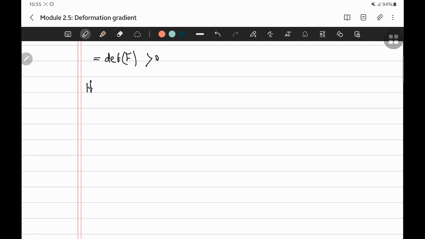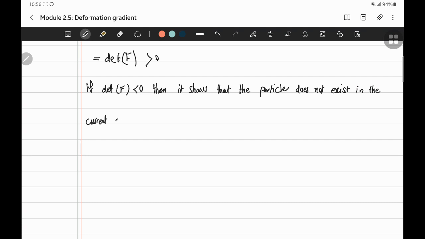As I already said, if the determinant of F is less than 0, then it shows that the particle does not exist in the current configuration. This is the same that I already mentioned about the Jacobian.